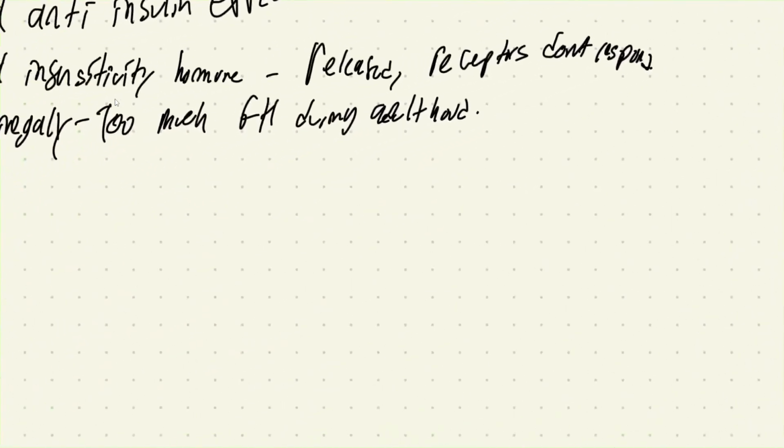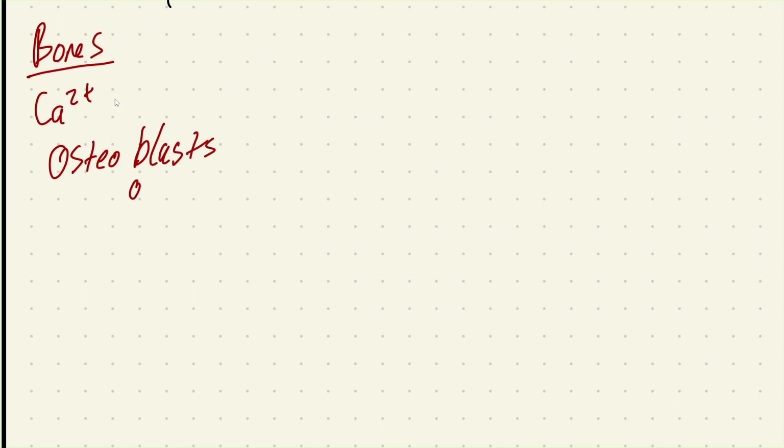Before we talk about that, let's talk about the bones. The bones, obviously, you need calcium. And there's two kinds of bone cells. There's osteoblasts and osteoclasts.